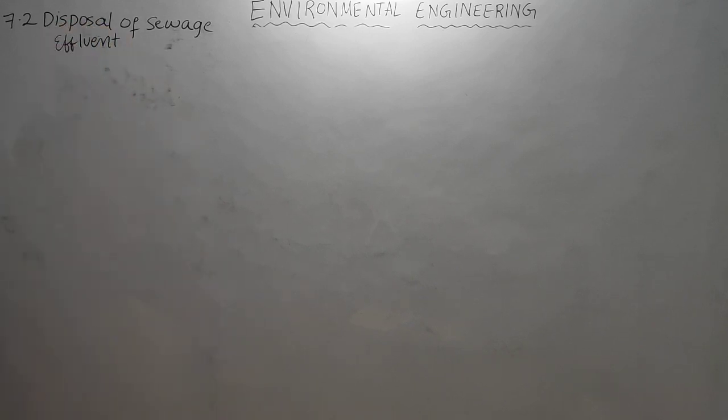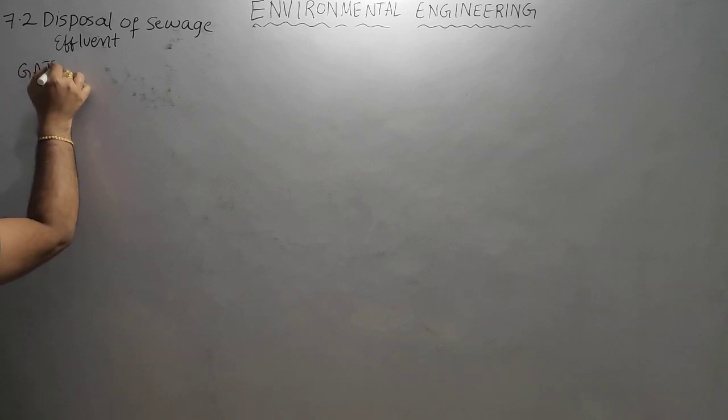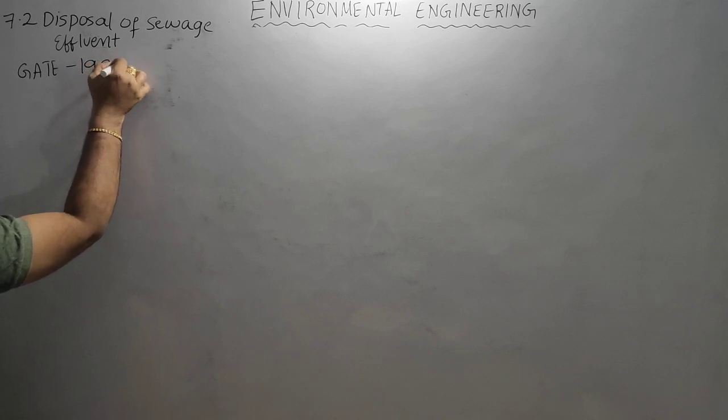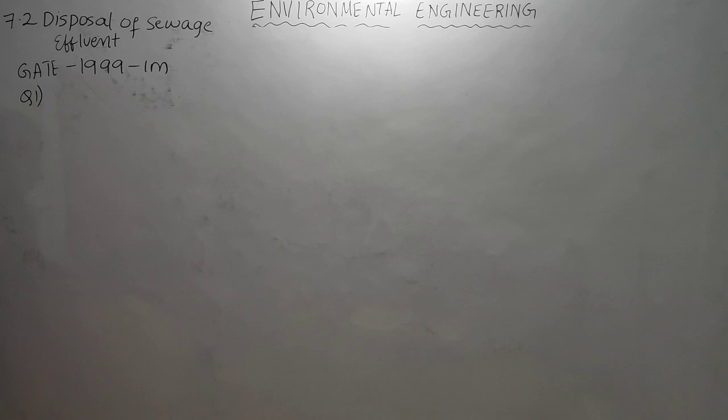Here, the first question, GATE 1999, 1 mark. The minimum dissolved oxygen content in ppm in a river necessary for the survival of aquatic life. Already I have told you.